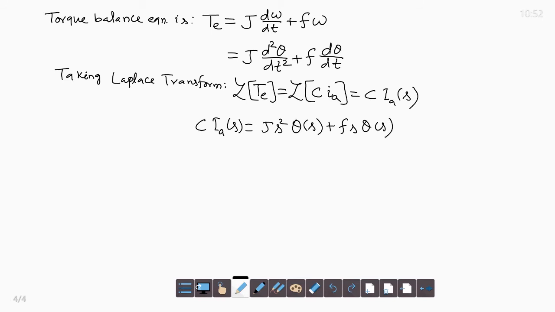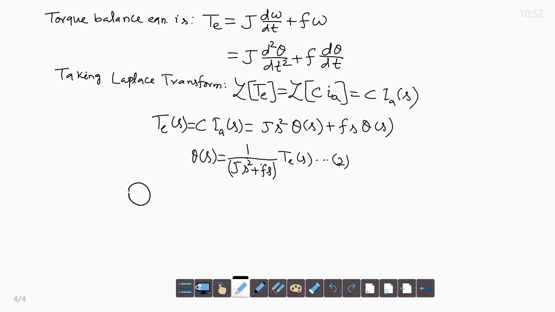So, this is transform of the torque TE(S). So, you have theta(S) equals 1 by J S square plus F S into TE(S). This is equation 2.